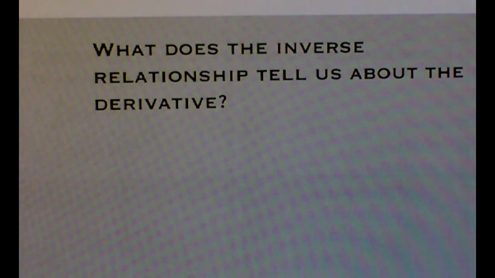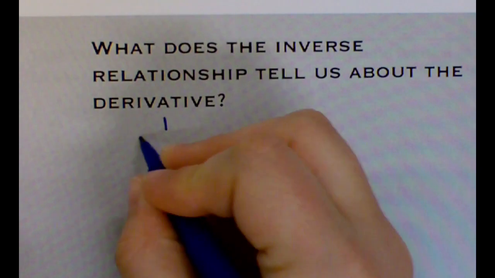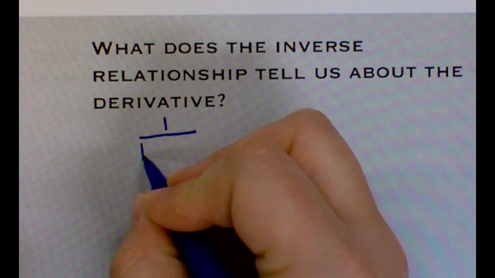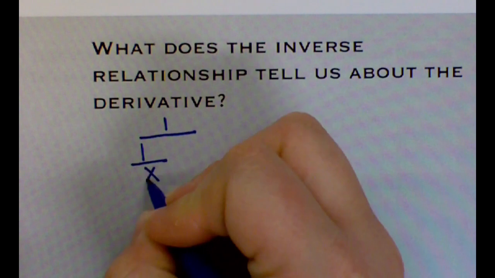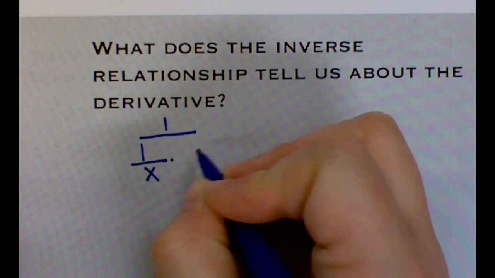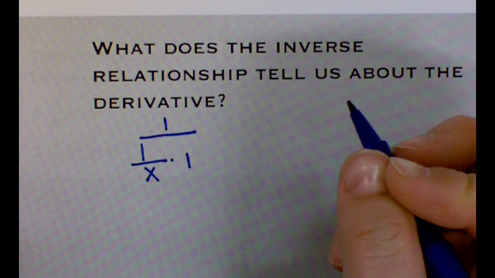Inverse relationship tells us about the derivative, that the derivative should be 1 over the derivative of natural log, which is 1 over x, times the derivative of the inside.